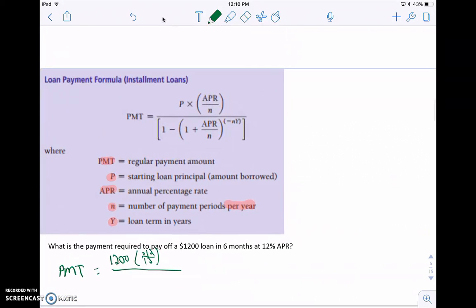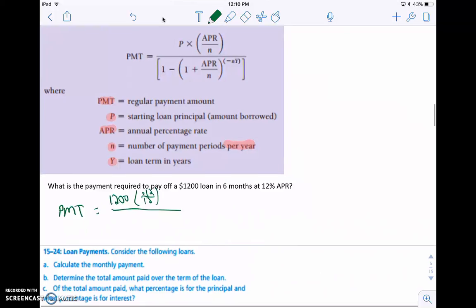All that is divided by 1 minus, then 1 plus our APR 0.12 divided by 12, raised to the negative 12 times Y years.